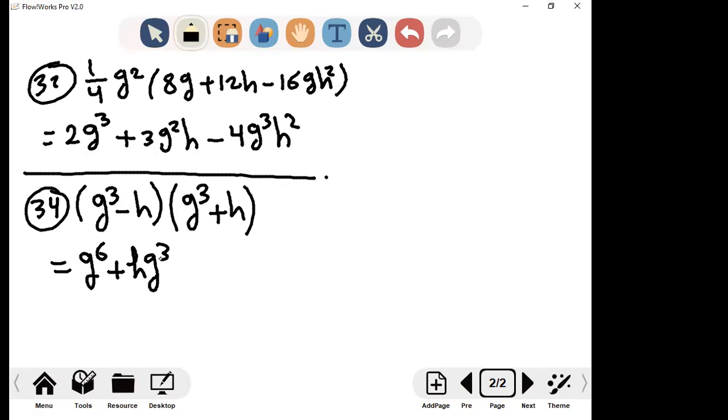Now minus h times g power 3, minus h g power 3, minus h times h, minus h power 2. Equal. Now here we have h g power 3 and h g power 3. They are like terms, right? 1 minus 1, 0. So these two terms are gone, crossed. What is still here? G power 6 minus h power 2.